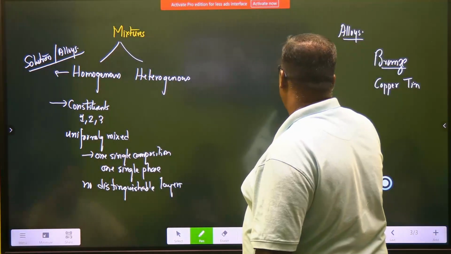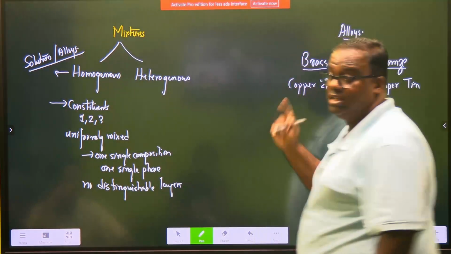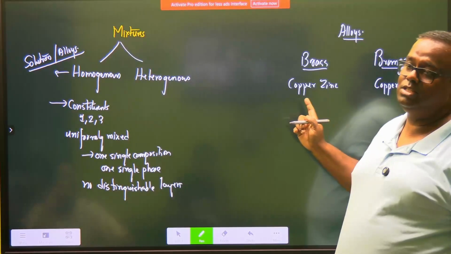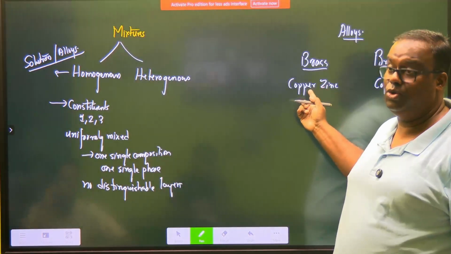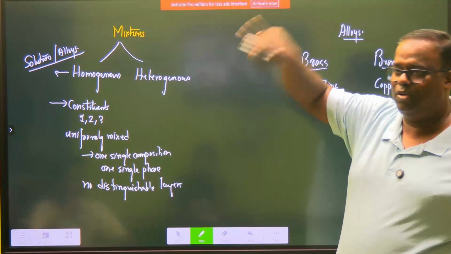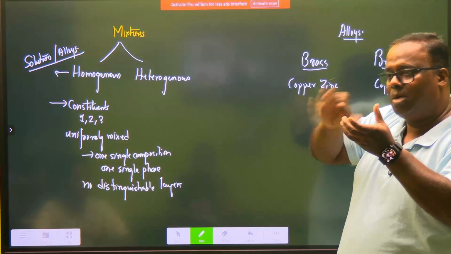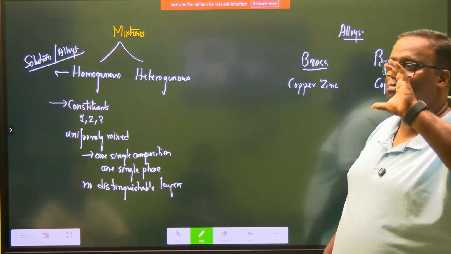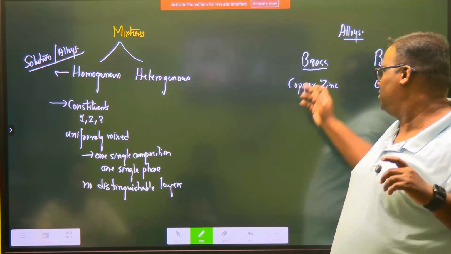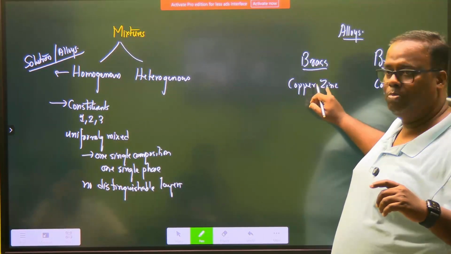This is copper and zinc. Brass is very costly. In every industry and plant, there is a lot of pilferage that happens with brass. People steal it. Have you seen the fire hose hydrants? They have a coupler which is coupled with the tap. That coupler is made of brass. Brass is very costly, and people actually pilfer this. So brass is an alloy made up of copper and zinc.